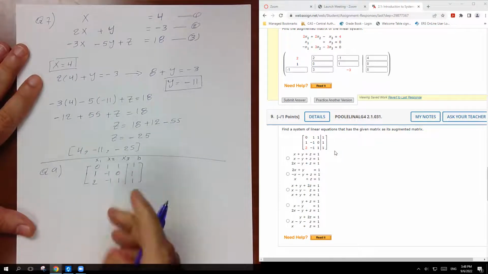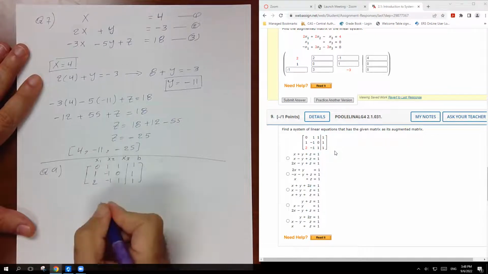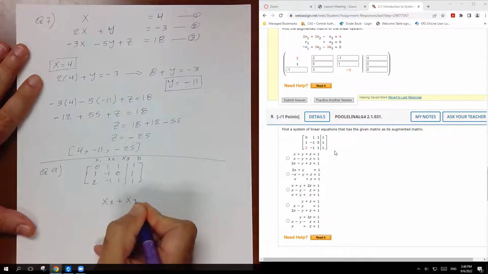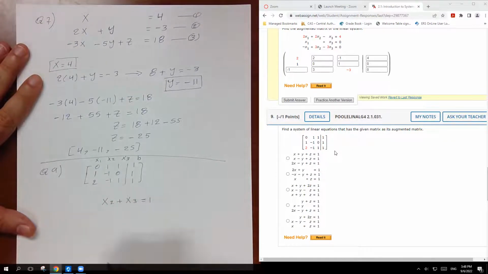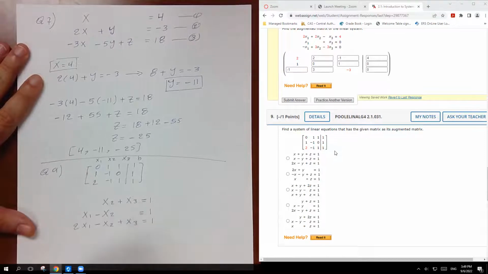That means x1 with the first equation is 0. So there is no x1. The first equation starts with x2. So x2 plus x3 is going to be equal to 1. The second one, there is x1, so it's going to be x1 minus x2. There is no x3, so equal to 1. The third equation is going to be 2x1 minus x2 plus x3 is going to be equal to 1.